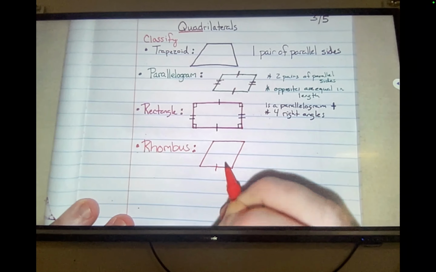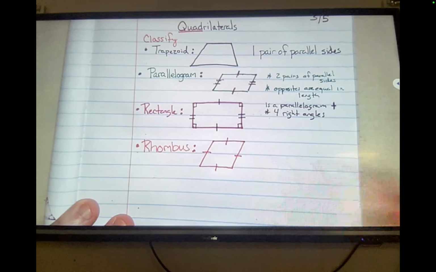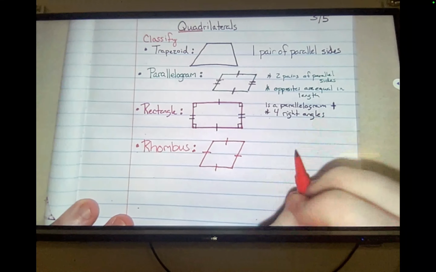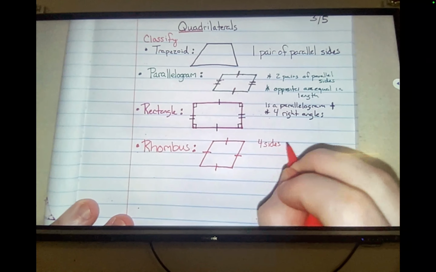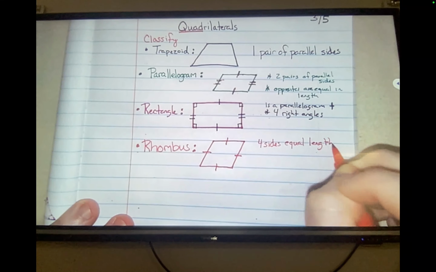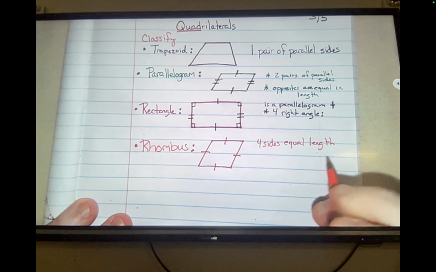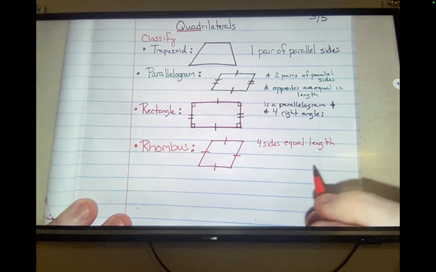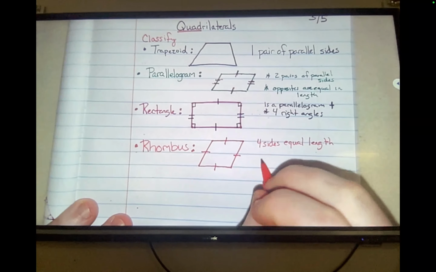So this side is the same as this length, and it's the same as this length and this length. They're all 4 the same. So we're going to say 4 sides of equal length. And if you're thinking about other shapes right now, there's another more common shape than this as well, but it also can be a parallelogram.